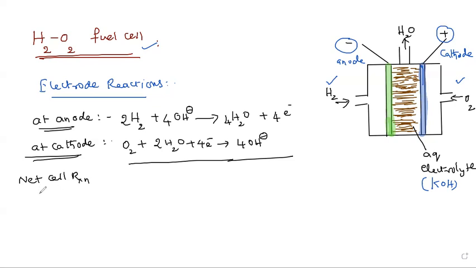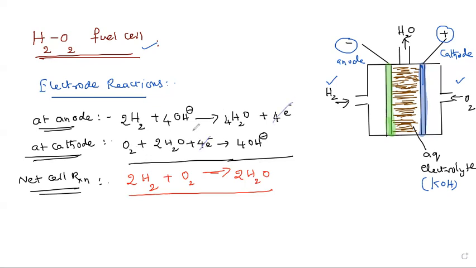The net cell reaction will be nothing but 2H2 plus O2, which in gas state, combine to give 2H2O. If you carefully observe, the electrons cancel, and water is also balanced.